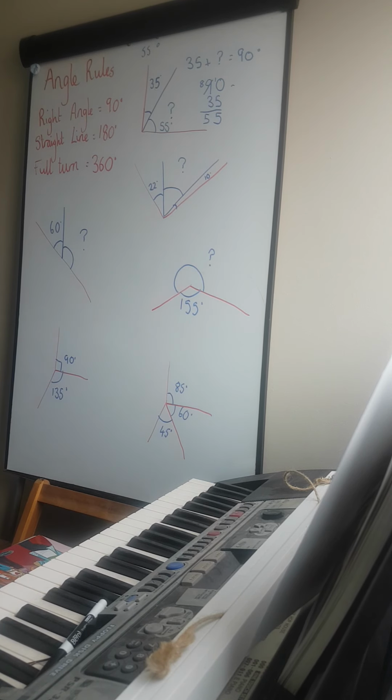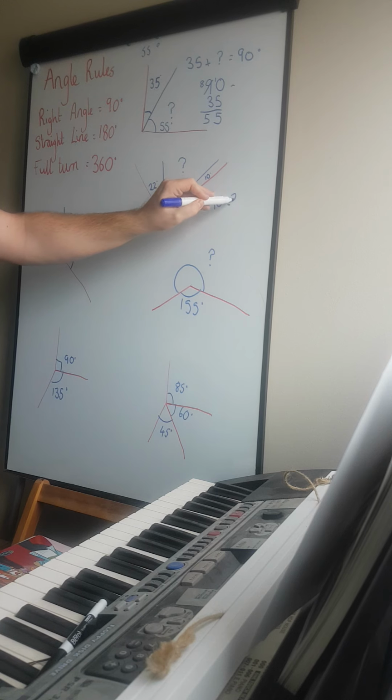The next one works the same. We're wanting to equal 90. But this time we've got two angles, 22 and 10. These two parts of our right angle equal 32 degrees, so 22 add 10 equals 32.